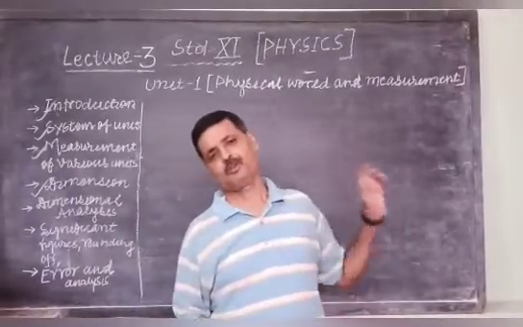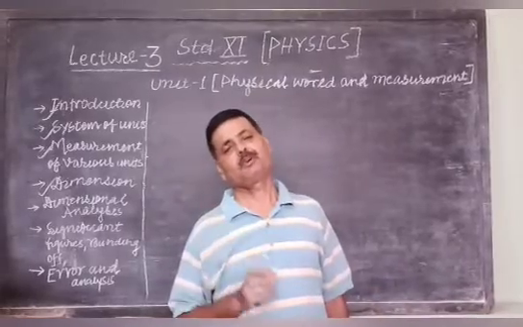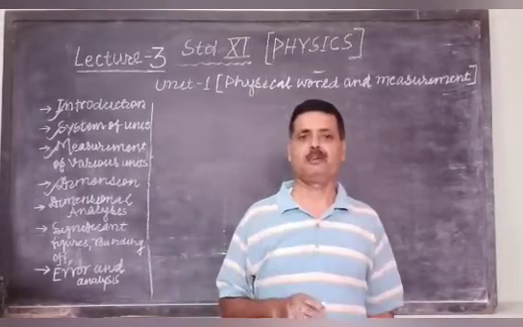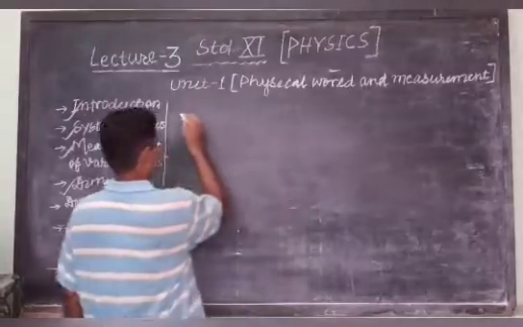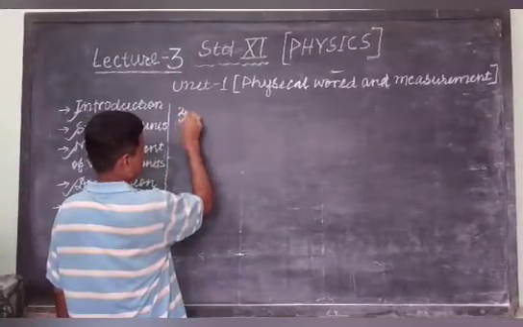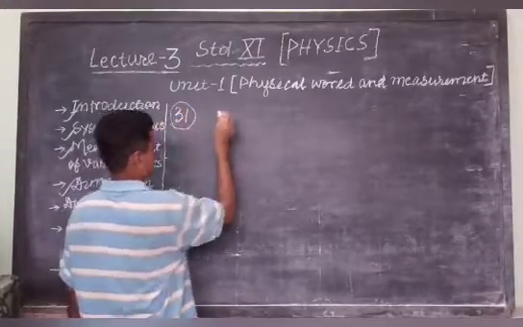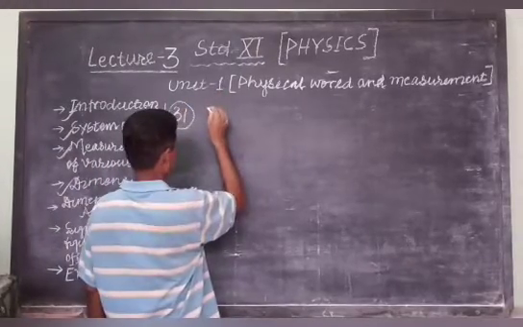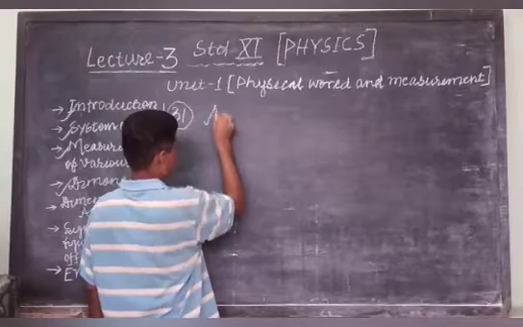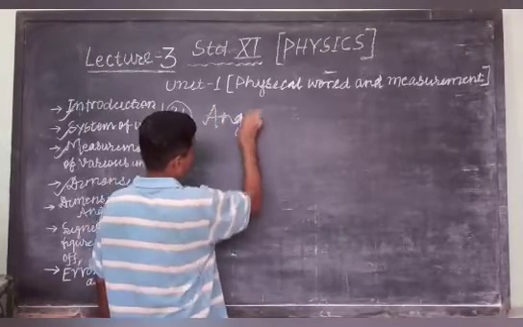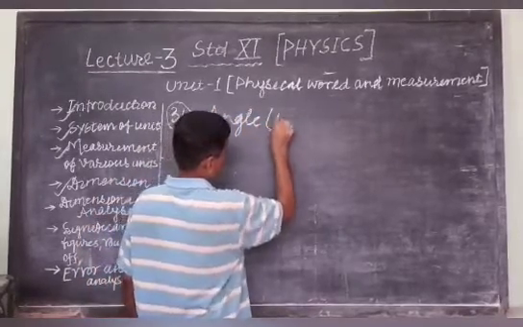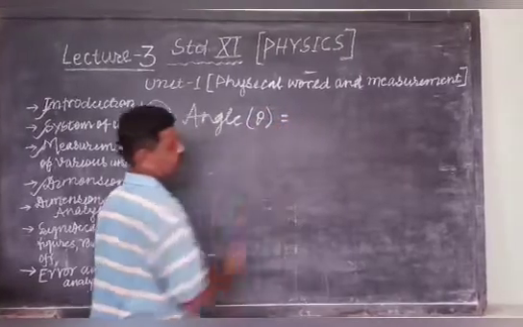Students, today is serial number 31 of units and dimensions. Previous was 30 and this is your 31. It is angle. Angle can be written as theta.